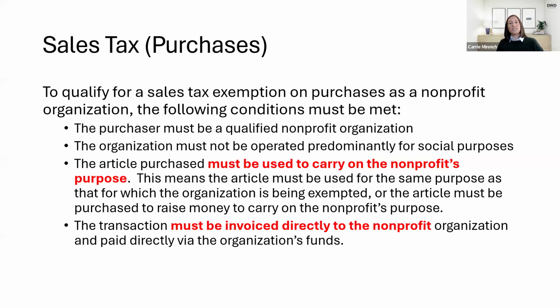So I know there are some instances where it's just easier for your employees to make the purchase and then you reimburse them. But really we recommend best practice is to have the organization make those payments. So have the invoice sent directly to the organization and then they make the payment.